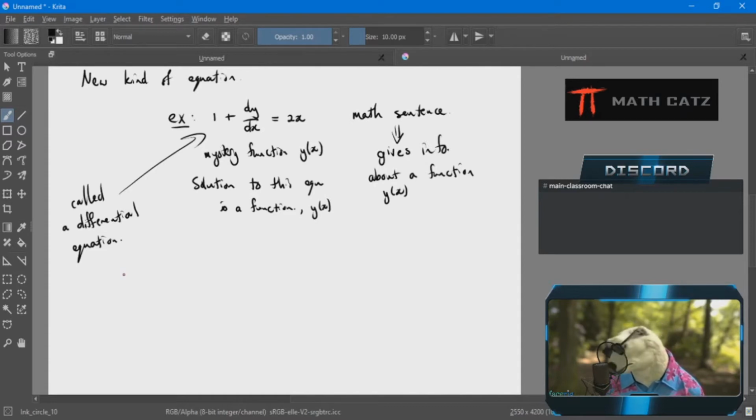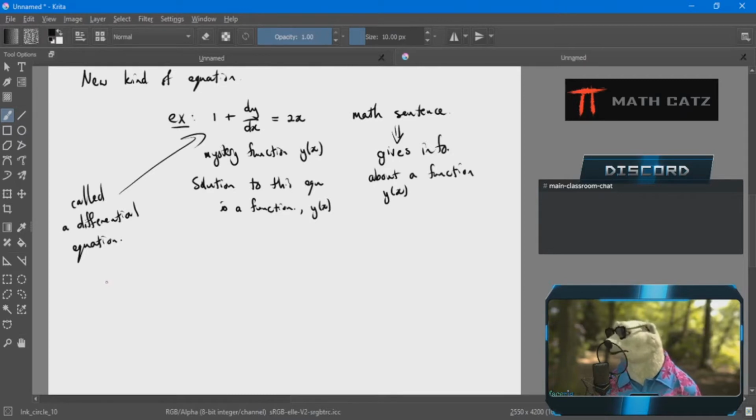But that's not a route we're going to take, so we'll just call it a differential equation. The most important thing is to realize what a solution to this equation looks like.